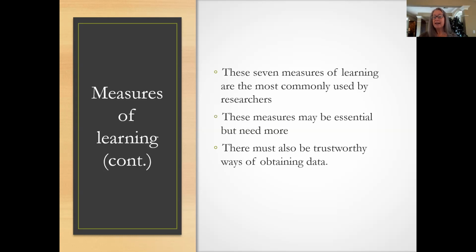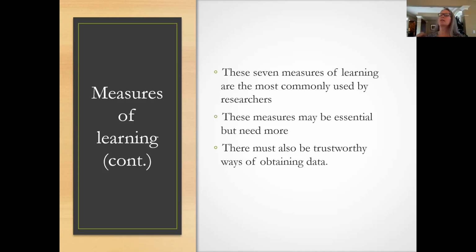Whenever you're asked to create an experiment or to think about how we would answer or study a question, you're probably going to want to rely on one of those 7 measures, since they're sort of our tried and true measures when we're looking at learning.